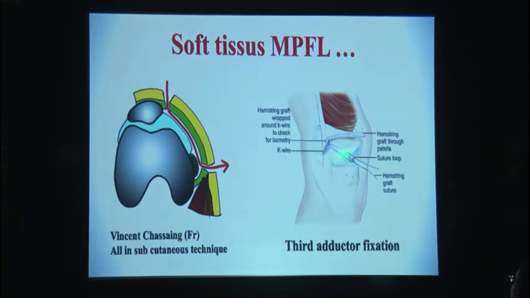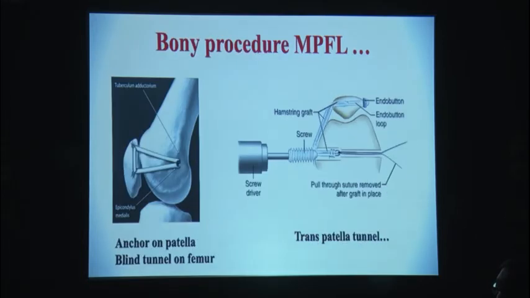My preferred technique, you go around the third adductor. It's pretty good because when you do that, you don't need fluoroscopy, of course. And it's a soft tissue attachment, so you cannot over-tense your MPFL, because the biggest issue with the MPFL is when you over-tighten it.